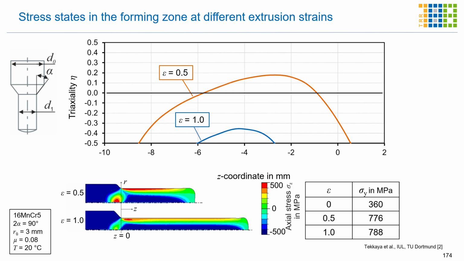But the stress state can also be affected by different extrusion strain. Here the disadvantage is that we do not directly have the same strain hardening, but to complete the entire picture, I would like to introduce also the effect of the strain hardening on the damage evolution. As you can see here in the upper visualization, the triaxiality in the forming zone decreases with higher extrusion strain.